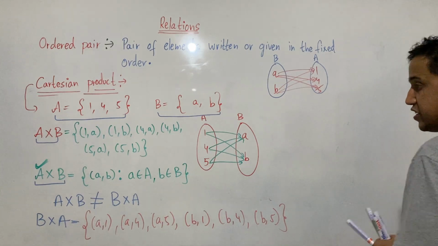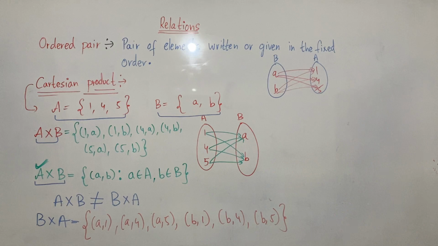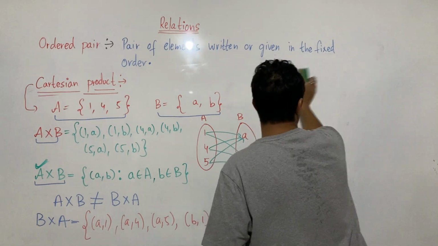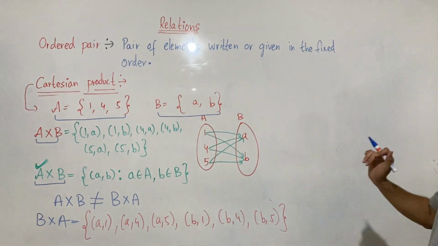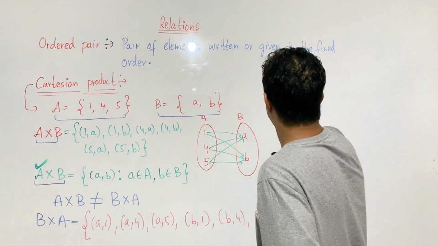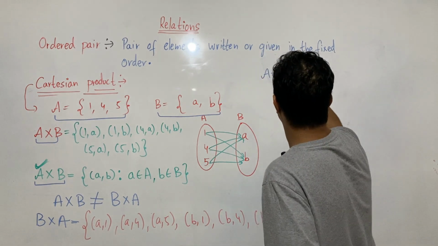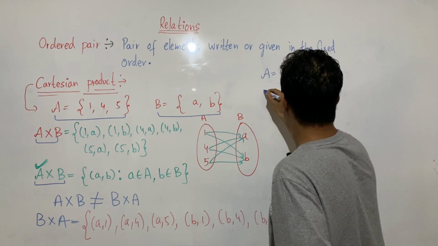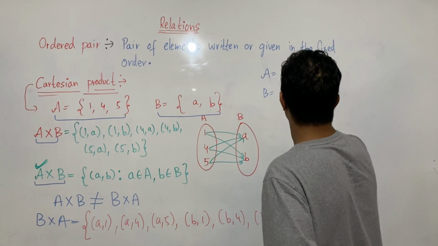Is this area visible to you? Let me check. Yeah. Okay, now let's make a few more observations. Let's say I'm given the set A, and it has three elements, 1, 2, 3, and then I have set B, which has three elements, 3, 4, 5.